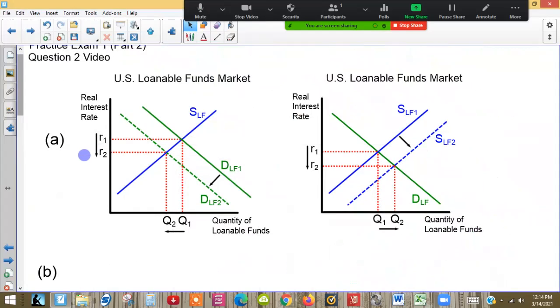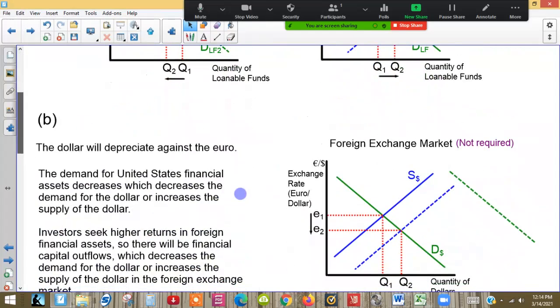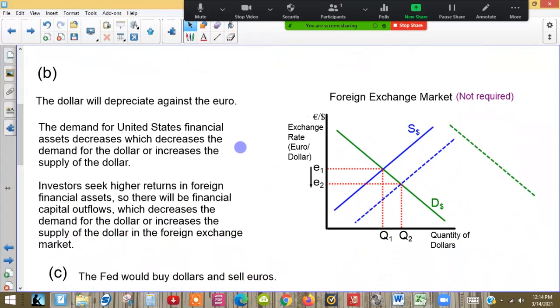So financial assets are purchased by investors who want to get a high return on their investment. So when the returns in the U.S. start to get lower, they're going to look outside the U.S. for higher returns.